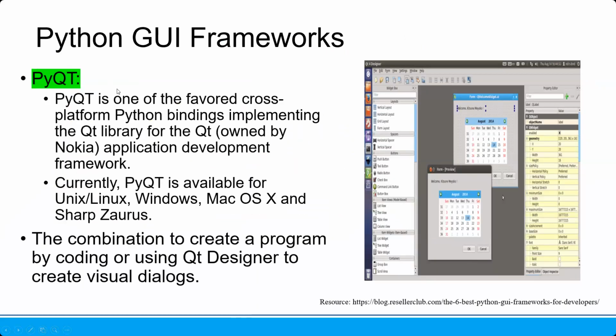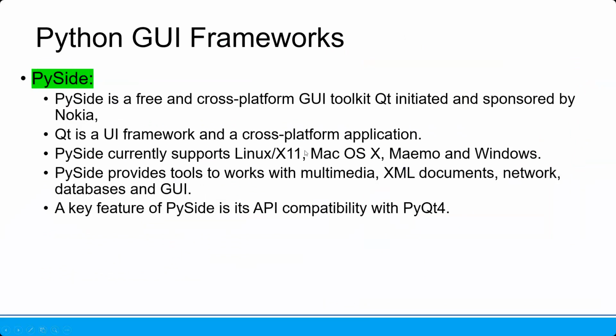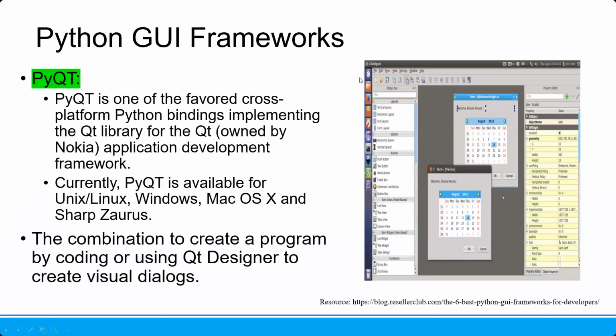And PyQt. So I'm going to teach you using this PyQt. Why? Because PyQt has advanced tools like what you saw before. PySide is based on PyQt. So if you know PyQt, you can also later work with web applications.